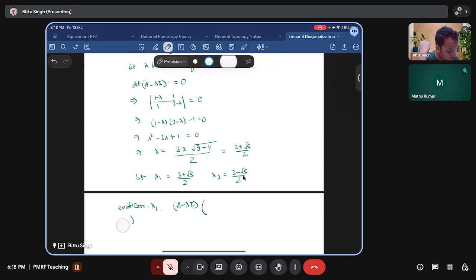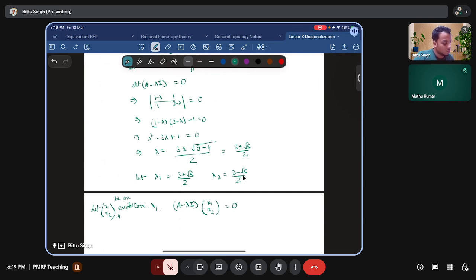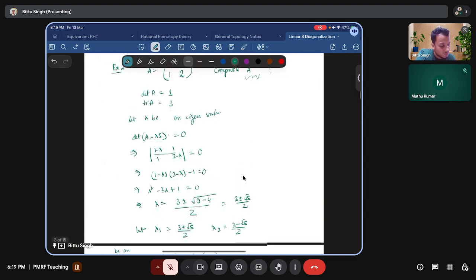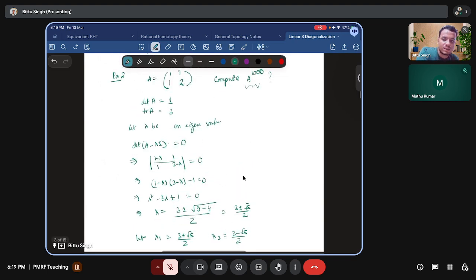Let (x1, x2) be an eigenvector corresponding to lambda 1. Then (A minus lambda I) times (x1, x2) equals 0, which gives two equations. One of the equations is linearly dependent, so we only consider the equation corresponding to the first row.